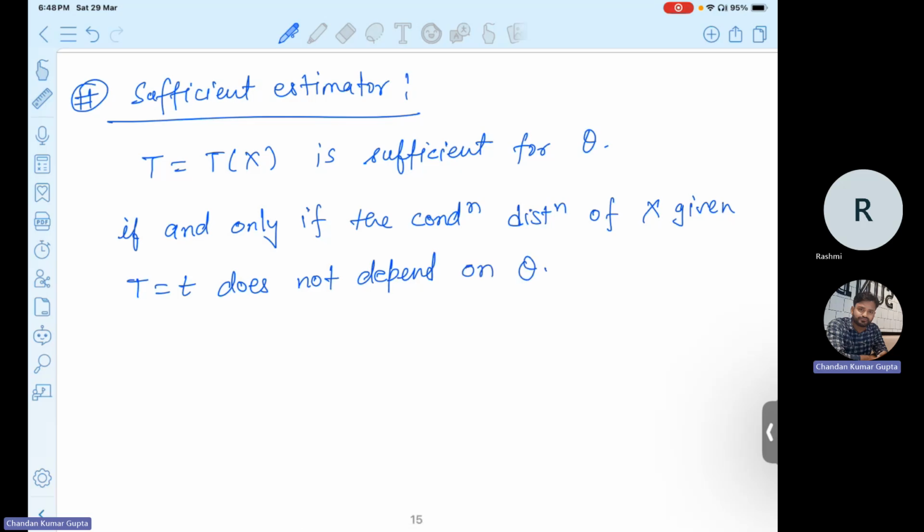That means the conditional distribution of the sample given the estimator is independent of the parameter. Then we say that estimator is a sufficient statistic or sufficient estimator.